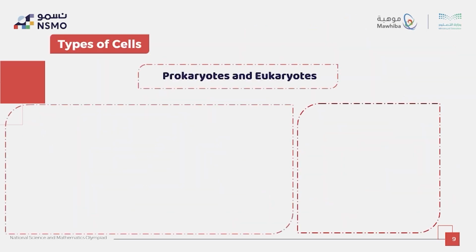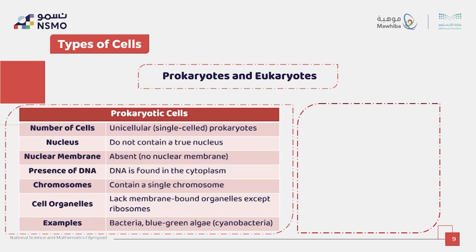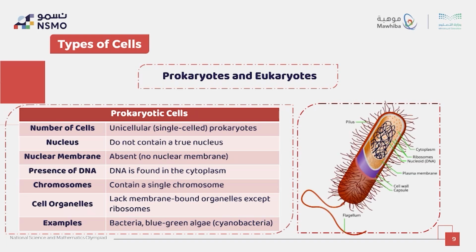This slide explains the main characteristics of the prokaryotic cell, which is the simplest and oldest type of cell. Here are the key points. Let's start with number 1, number of cells.